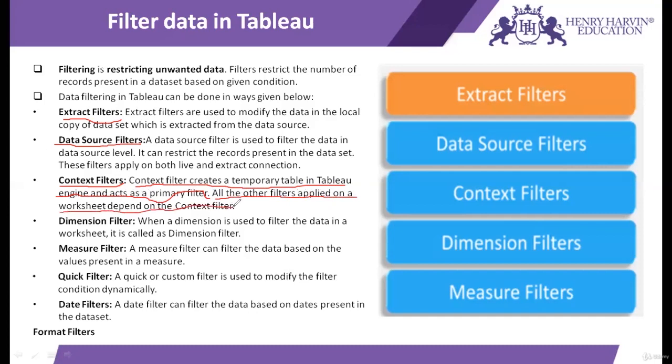Since you have created a temporary table, whatever operations you perform on that visualization using the filters, their speed and efficiency would be higher, because the data source they are considering is small, since a temporary data source has been made for the context filter. Let us see practically how it works, so you'll be able to understand it better.